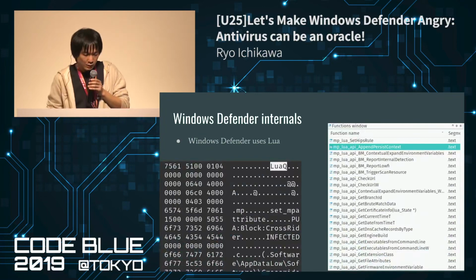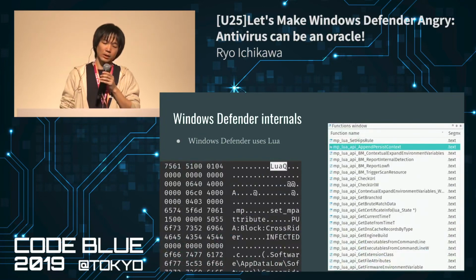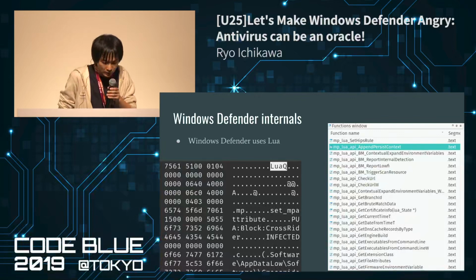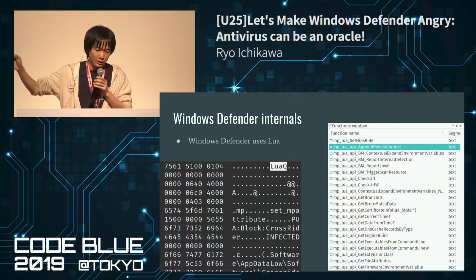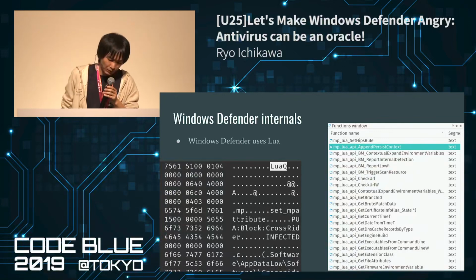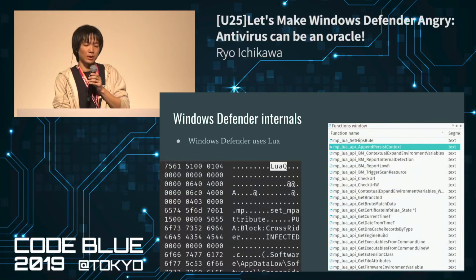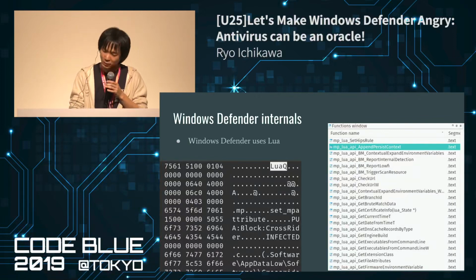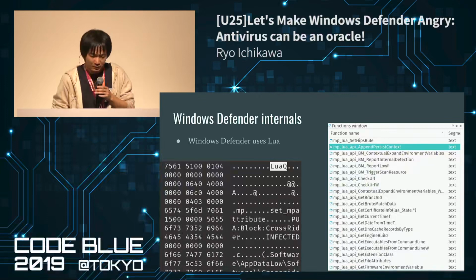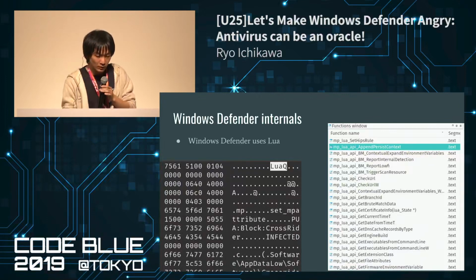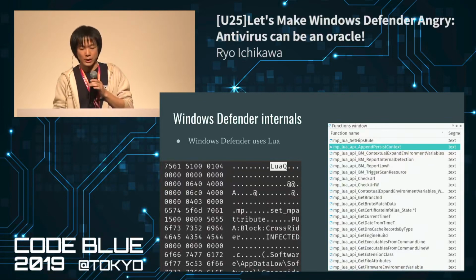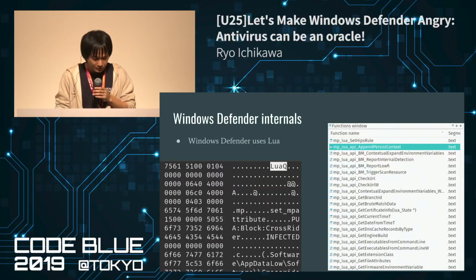So this is just part of a decrypted VDM file. You can see something interesting. Windows Defender uses Lua. Basically, Windows Defender uses custom Lua bytecode here.